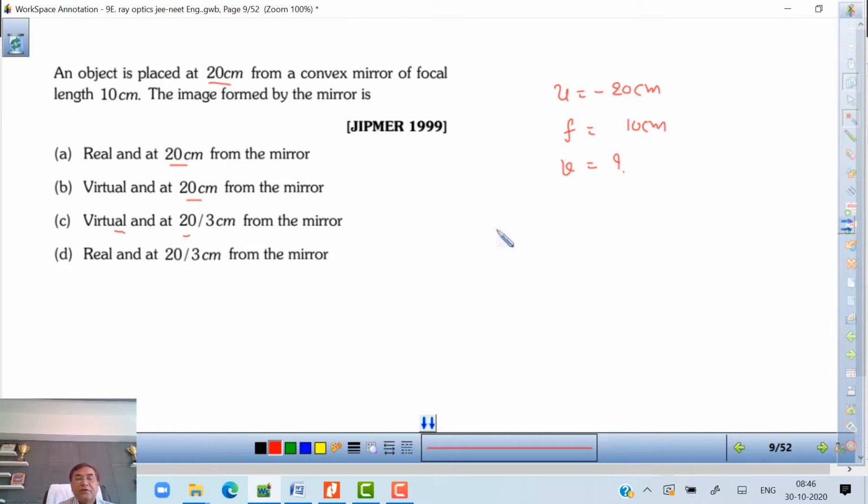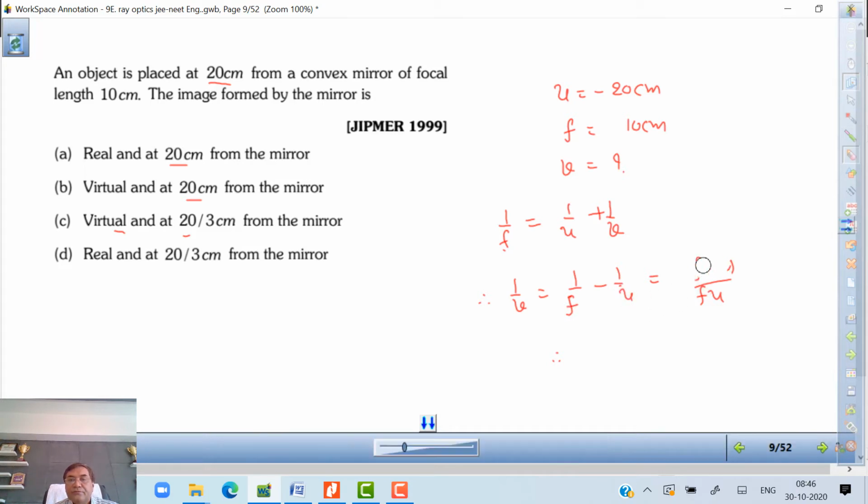You have to find v. We have the formula 1 upon f is equal to 1 upon u plus 1 upon v, and therefore 1 upon v is equal to 1 upon f minus 1 upon u. So f minus u upon fu, and therefore v is equal to fu upon f minus u.